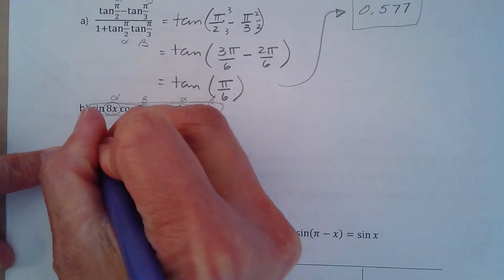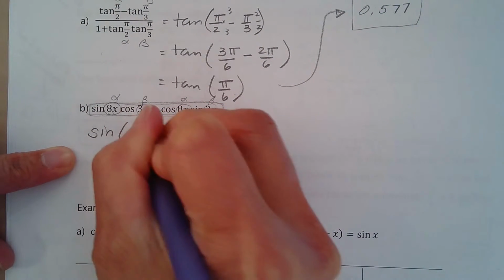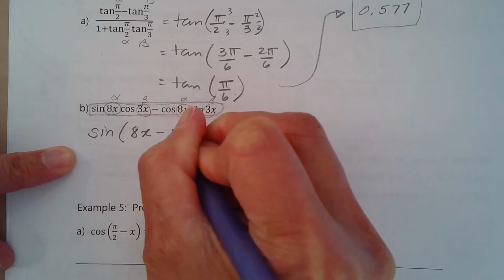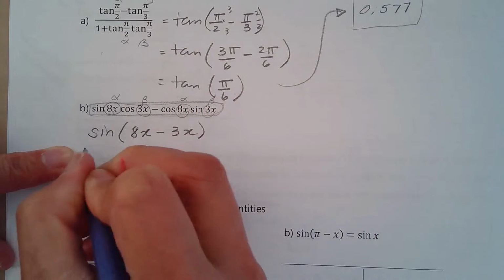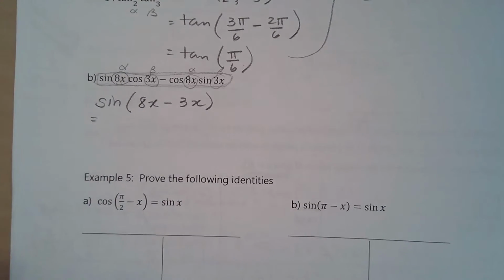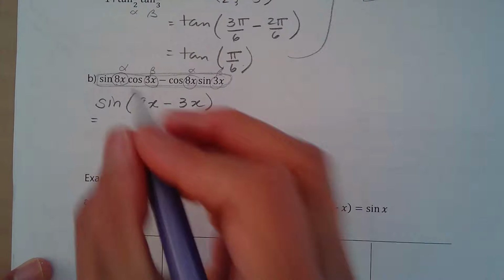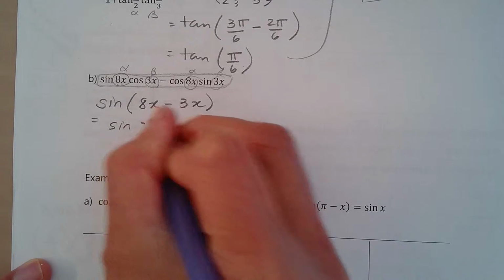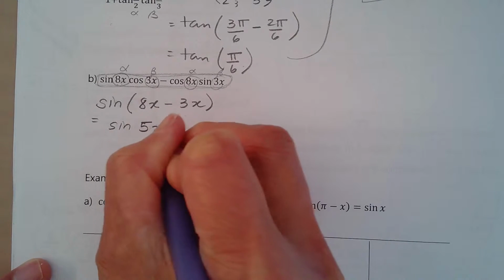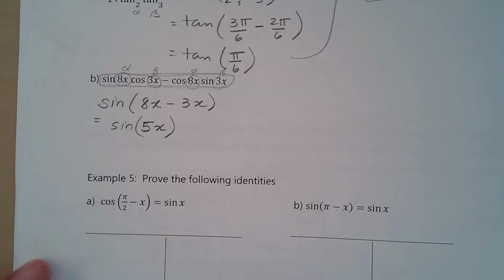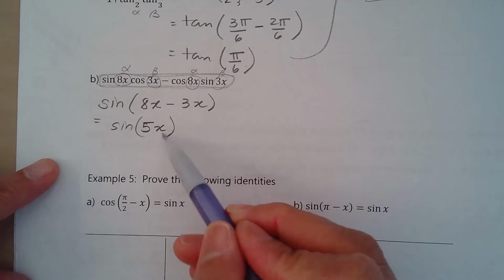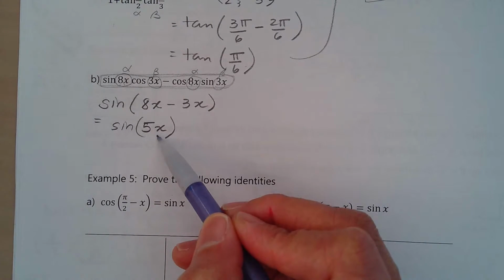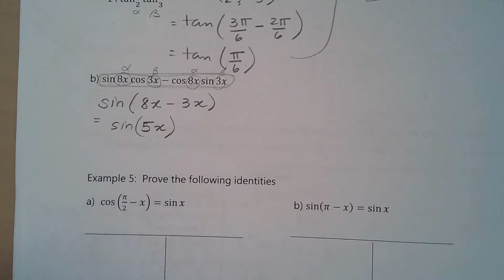So that's going to be sine of 8x minus 3x, which is sine of 5x. Now, we can't evaluate this because we don't know what x is, so that's a simplified version of it. Okay? So far so good?